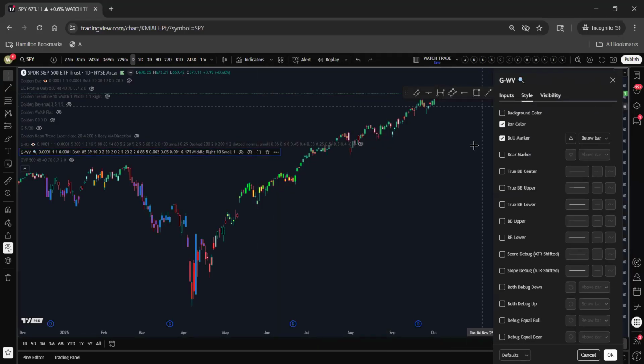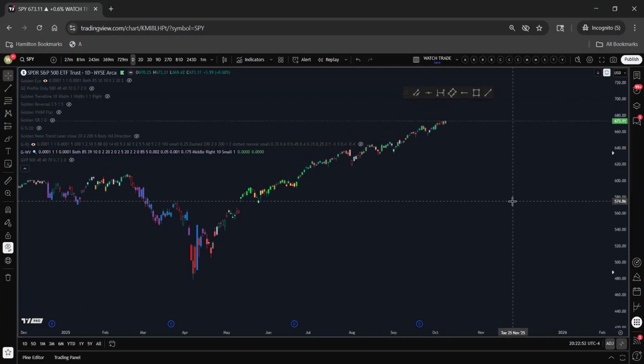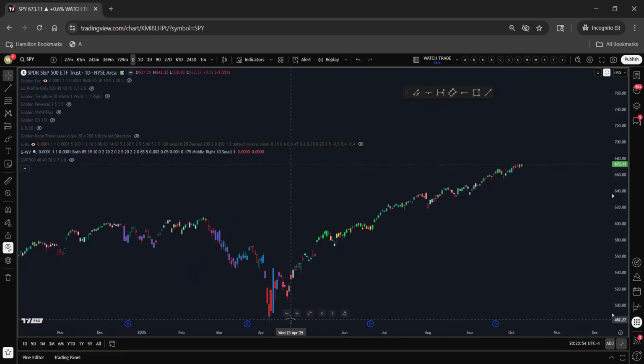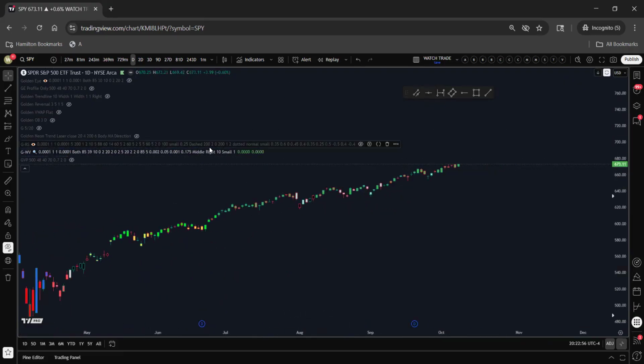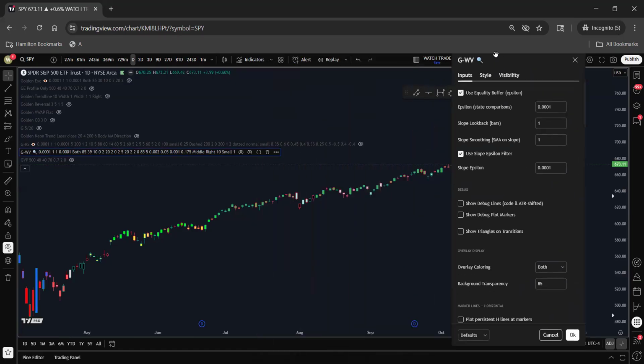We have buy signals and sell signals at strategic locations. Let's let it generate. Come on. I think we need to enable it in two areas right here. So we need to click this one.